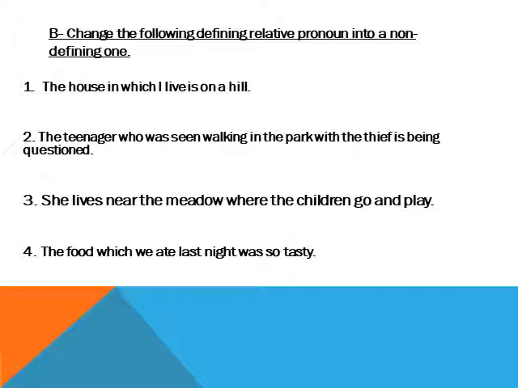I want to change it into a non-defining relative pronoun. I want to change the function of which here. So what are we going to say? We are going to say the house, comma, where I live, comma, is on the hill. So the most important piece of information here is that the house is on the hill.